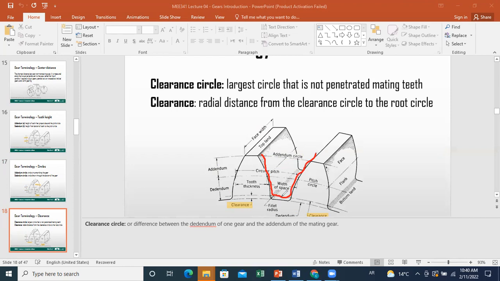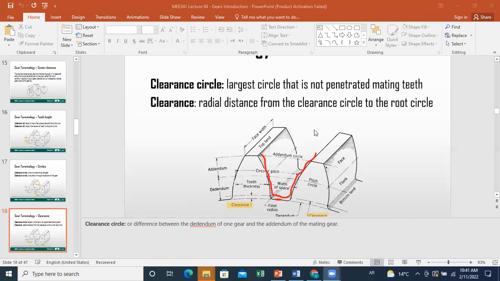In some specific cases you can reach the bottom, but it's not advised. So for a certain configuration, we define the clearance circle as the largest circle that is not penetrating the mating teeth.